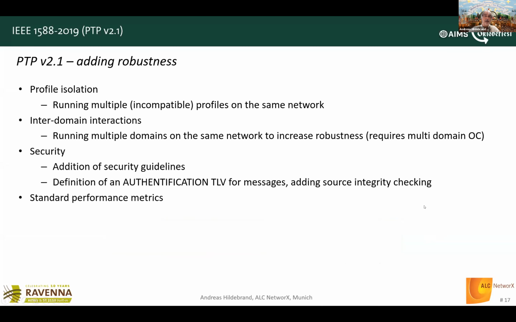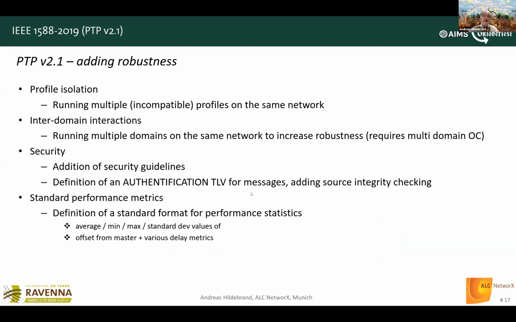Another important feature is the introduction of standard performance metrics. Of course, everybody was able to display the precision and accuracy and whatever parameters are important on slave clocks before this, but wouldn't it be better to have a standard which is equal for all the slave clocks? So the committee defined a standard format for performance statistics, which includes average, min, max, and standard deviation values of the most important parameters, which are offset from master and other various delay metrics.